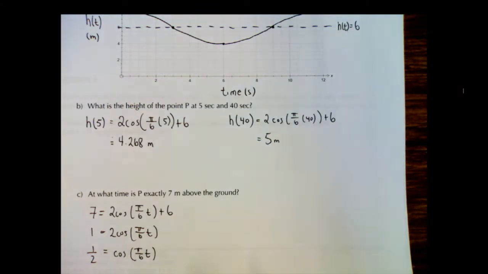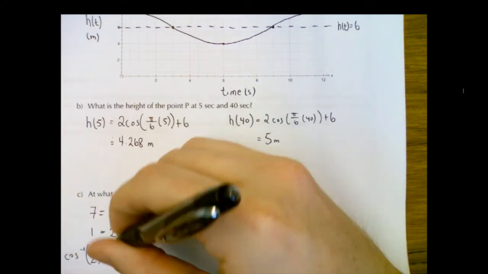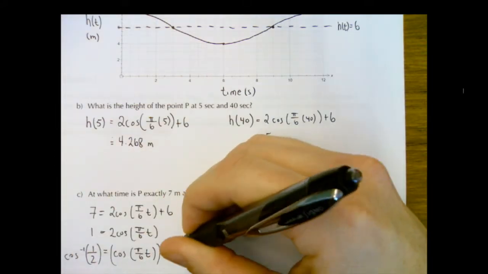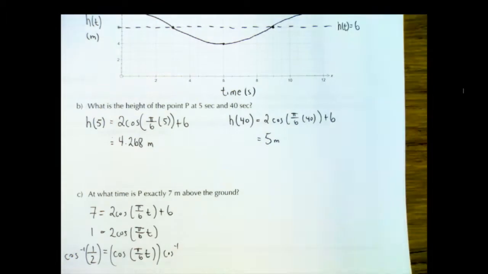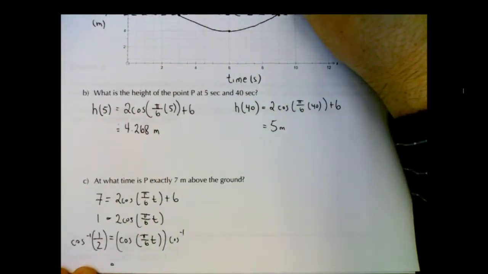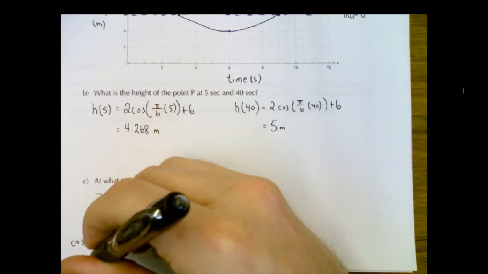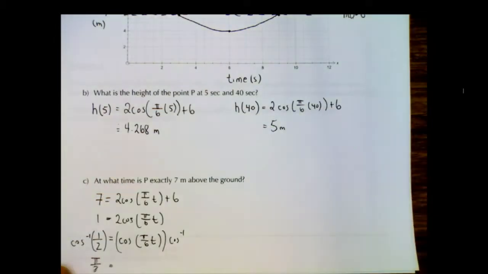And now we have to do cosine inverse. Cos inverse of 1/2. There is a special triangle that has 1 and 2 on it. And if you do cos of pi over 3, you get 1/2. So our answer is pi over 3.